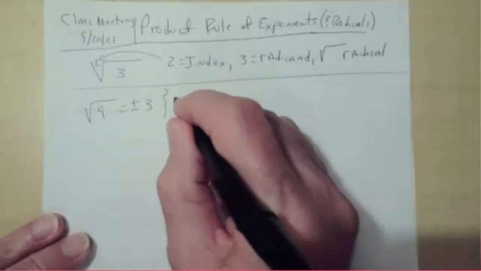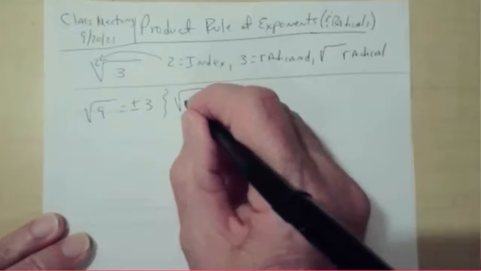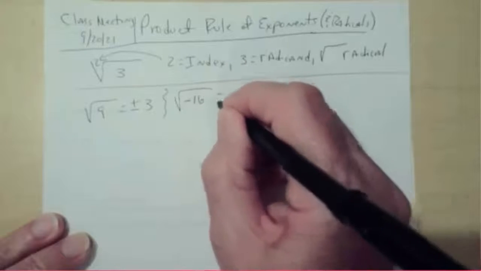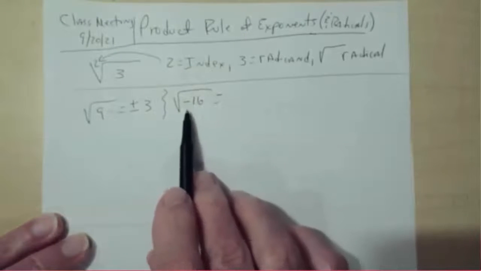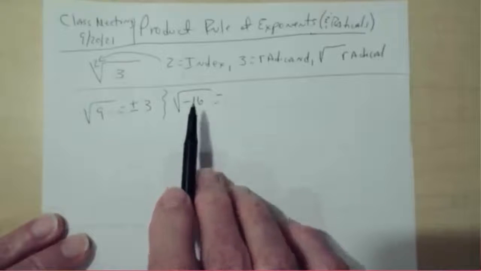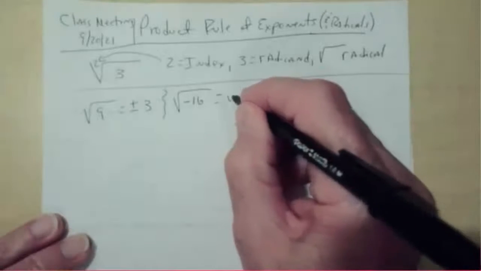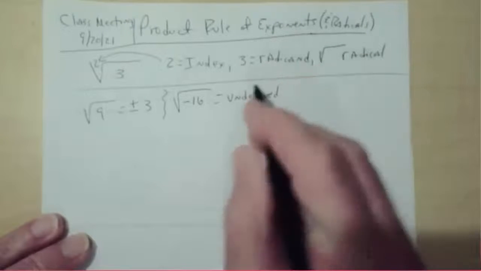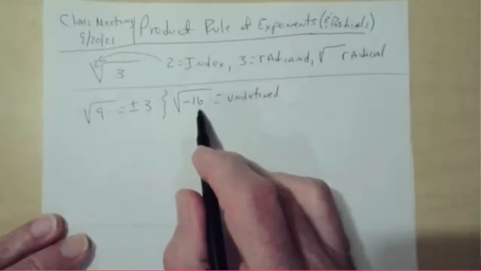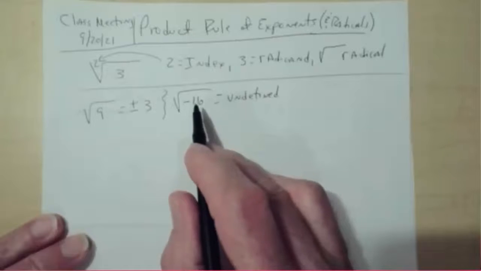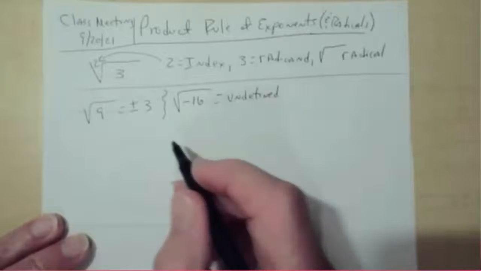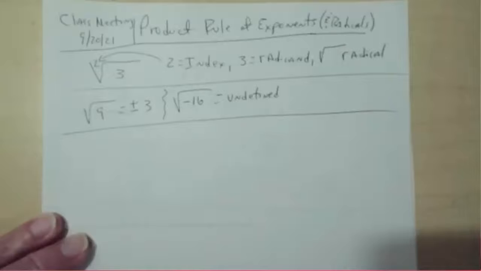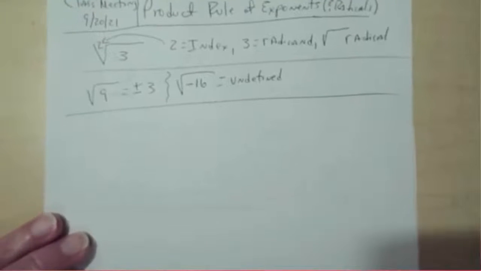If you have the square root of negative 16, up until Wednesday anyway, this was undefined, because nothing times itself is going to be a negative number. We have a way of dealing with that, and we'll get into it Wednesday.